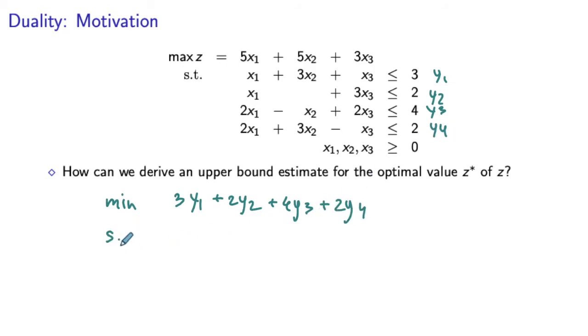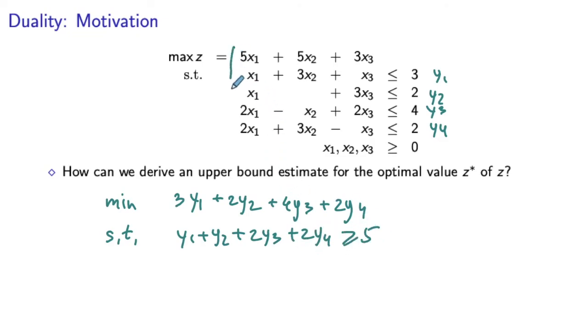And we will write the constraints that will ensure that we dominate the corresponding coefficients of each variable in the objective. So to dominate 5, the coefficient for x1, we will look at this column right here and we'll write the following constraints. So we'll have y1 plus y2 plus 2y3 plus 2y4 is greater than or equal to 5.